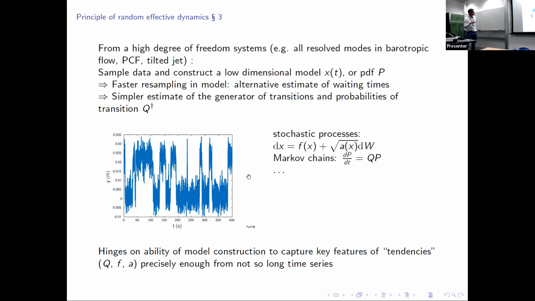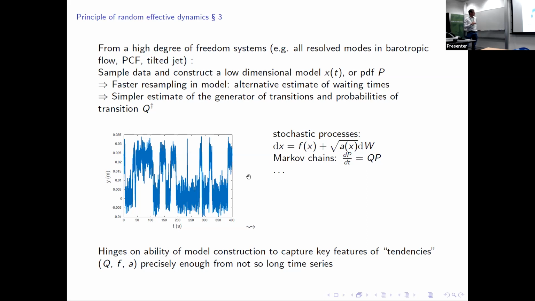So the hope is to be able to compute F and A precisely for only a handful of trajectories, and also have a simple expression for F and A to reuse them later and try to analyze it.